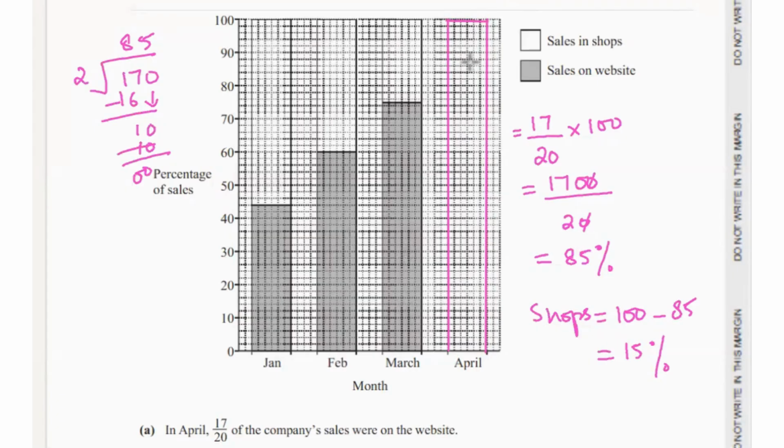Then at 85, we make the separation between sales in shops and website. Over here, we can shade this part because this is for the website, and the top white part is for the sales from the shop.